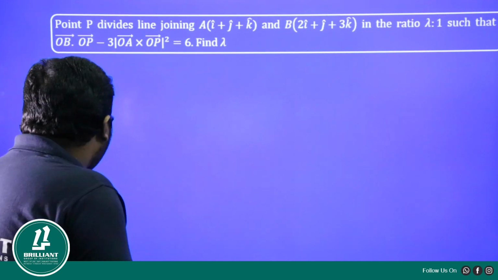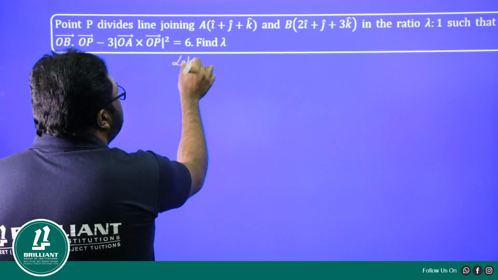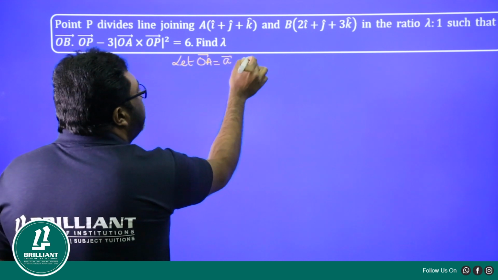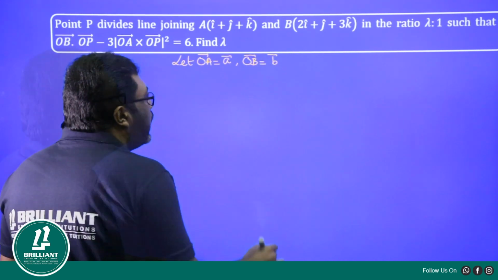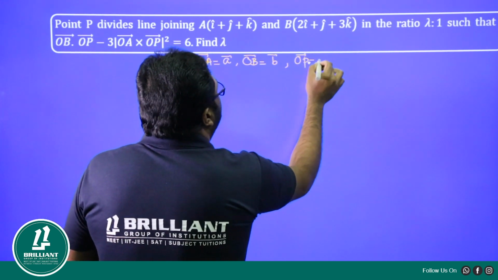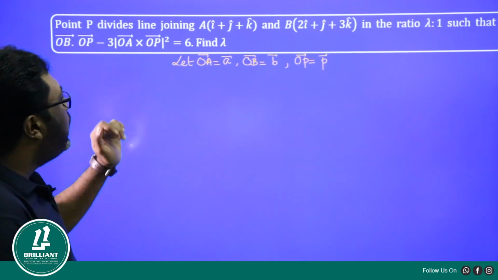So here, for easy calculation, I am calling the position vector of A equals A vector and the position vector of B equals B vector. And the position vector OP is equal to the P vector. Now I have to find the P vector.